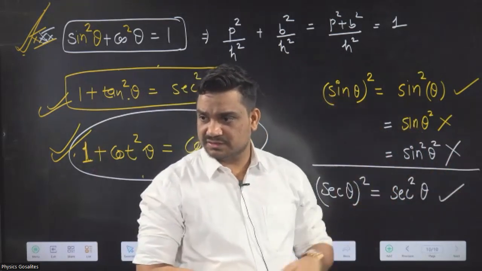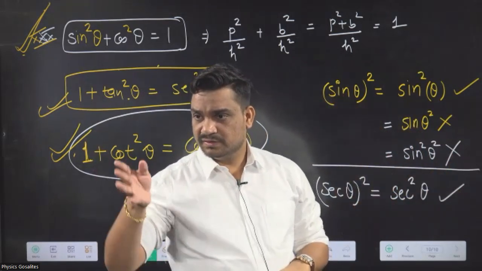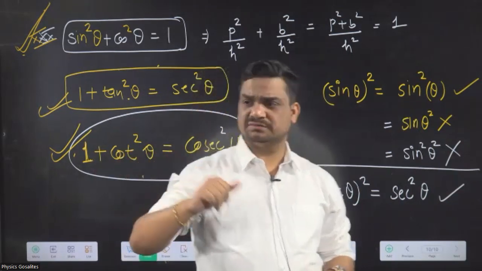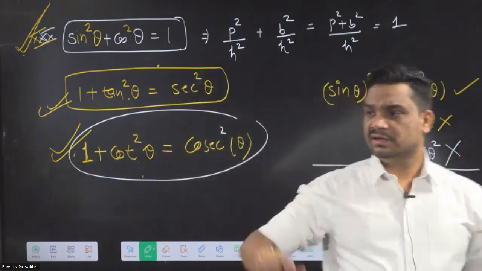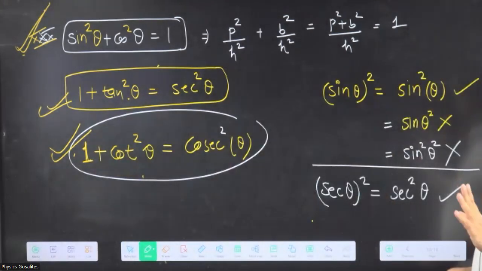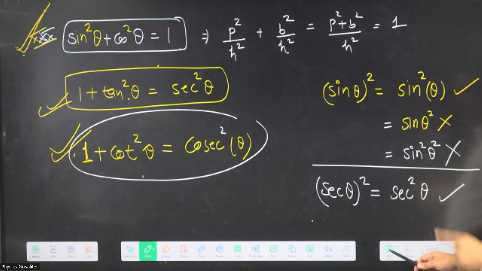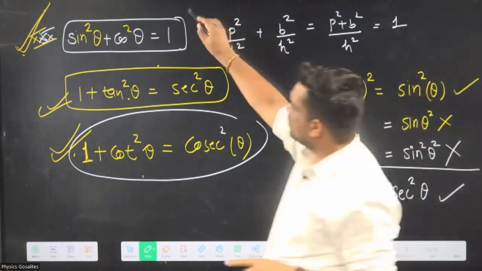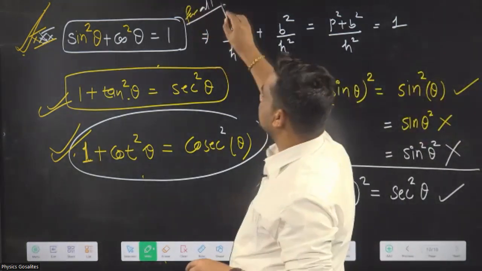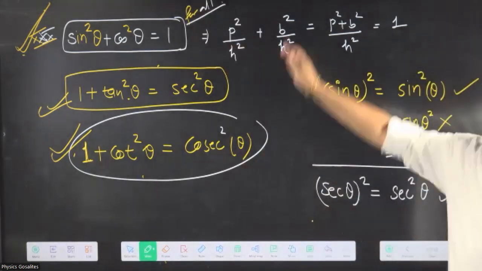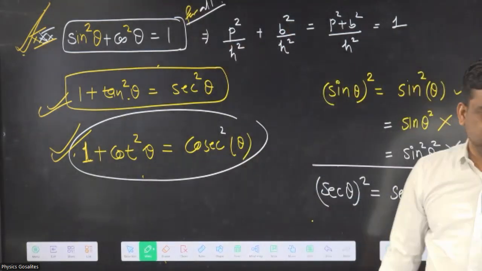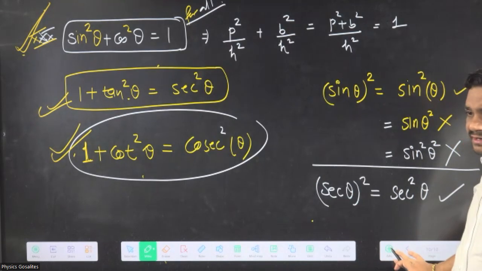Tell me fast. Okay, can we go to the next thing? And that is for all angles. This is for all angles, okay? Means all these identities we can say for all.